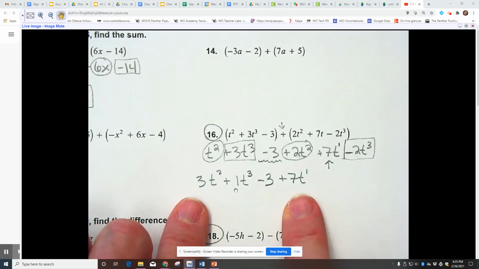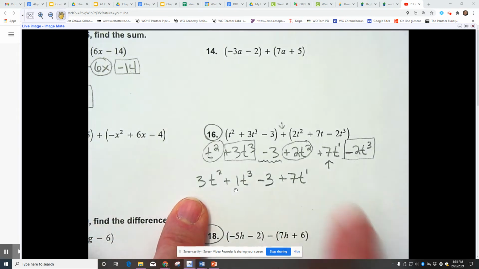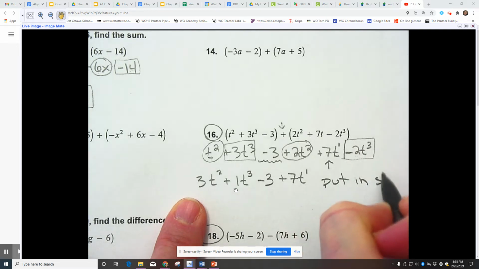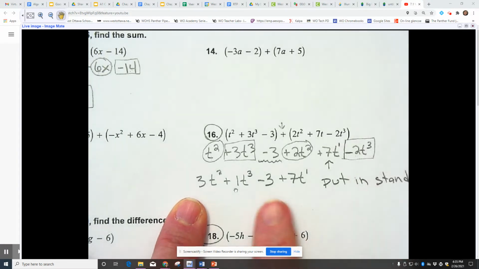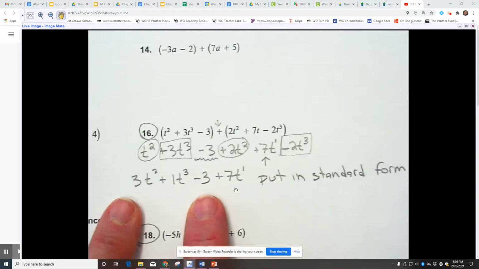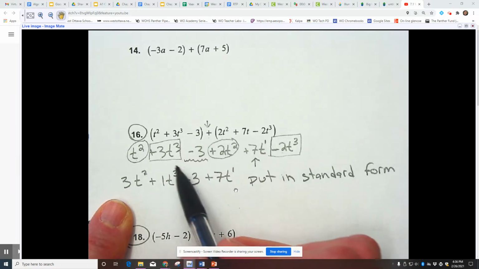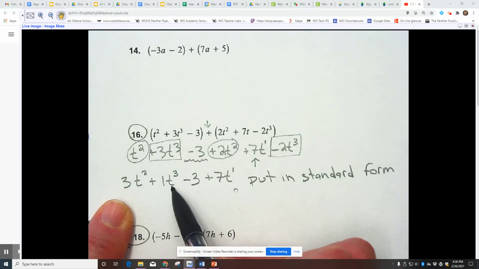All right, so I have completed addition, but the next thing I need to do is put this polynomial in standard form. So now that we've learned standard form, we need to do standard form every time. And remember, standard form means my term with the biggest exponent needs to come first.